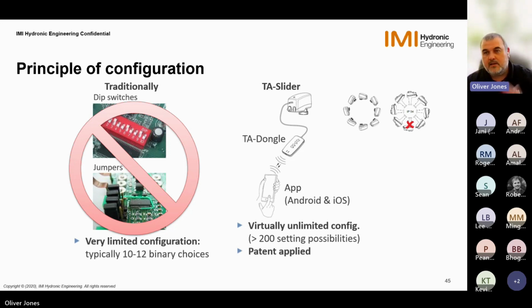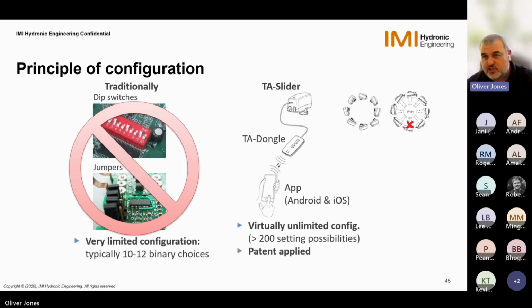With the TA-Slider, that goes out the window. So with Slider, we have the Slider itself, the TA dongle, and then the app. So we do everything with the app itself. All of the configurations or live configurations that we can adjust, we do with the app. And the TA dongle is our Bluetooth bridge between the app and the TA-Slider itself.